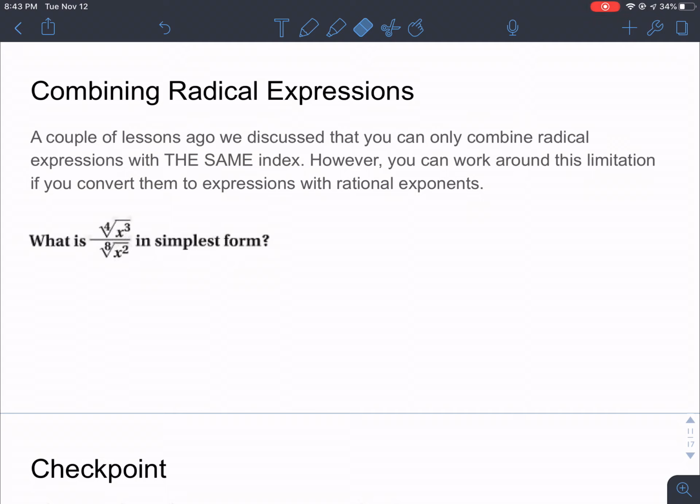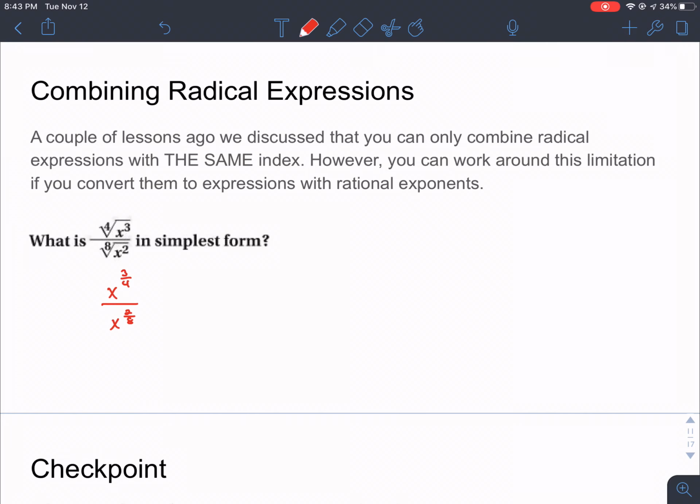So, what is the 4th root of x cubed over the 8th root of x squared? To figure this out, the first thing you want to do is convert both of these to fractional exponents. So we end up with x to the 3/4 over x to the 2/8.